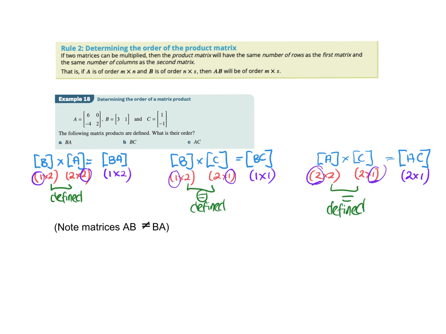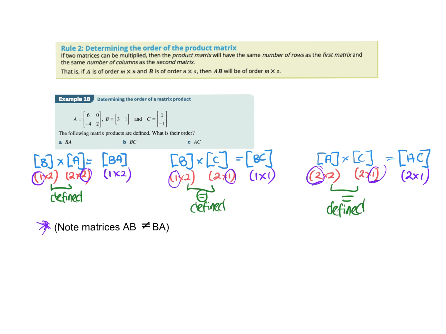What this note down here says is really important to notice. In matrices, you will get different answers. First of all, they may not always be defined. See how A times B does not necessarily equal B times A. In our normal multiplication, 2 times 3 is the same as 3 times 2, isn't it?